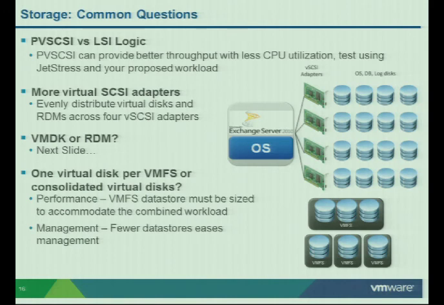Typically, if you go to the SQL presentation, if you go to the Oracle presentation, you'll hear that if you're going to go with the virtual disk for data for this business critical app, you probably want to locate one virtual disk per VMFS. Some of the thought behind that is really around governance and control of the environment. You might have a very large VMFS partition because you needed a lot of spindles behind it, but you may not need all of that space, so you end up creating a small virtual disk file.